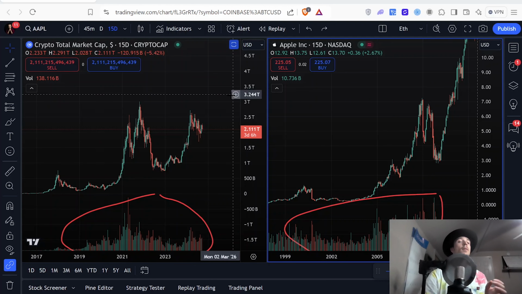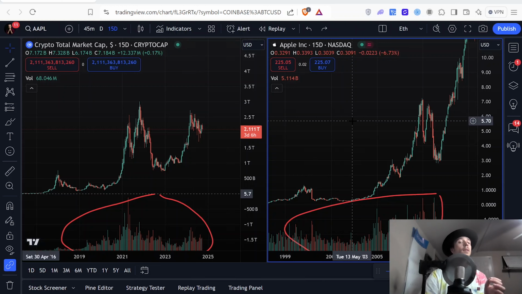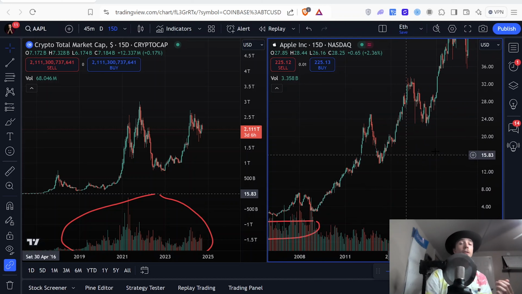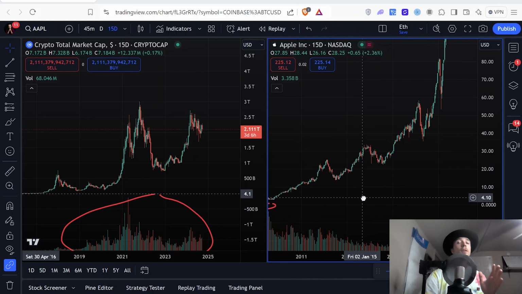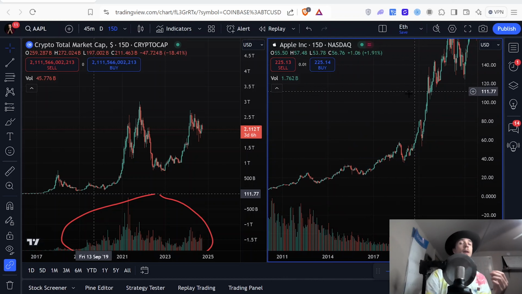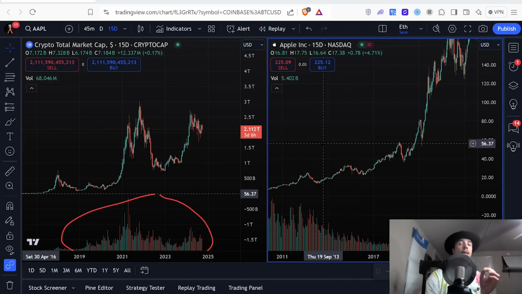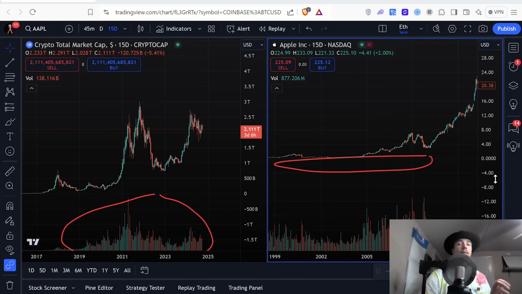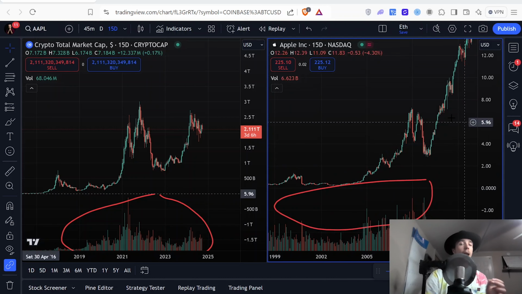Now, if we go back over here to Apple computers, you can see just how vertical price got after we had all that volume in the market. Again, volume precedes price. Before you get a big vertical move, the best way to see that is to look at volume. And with crypto, we're basically the same as early day Apple.